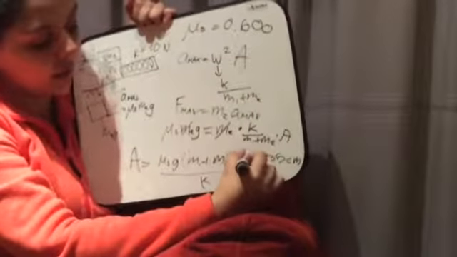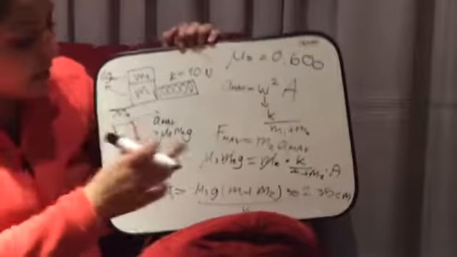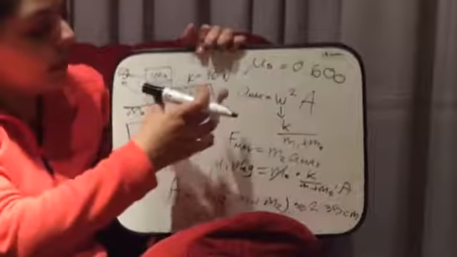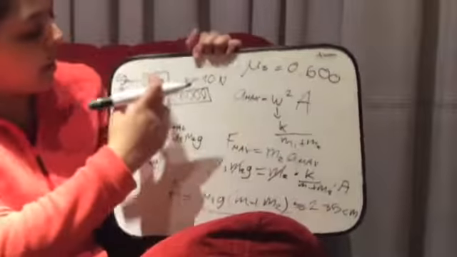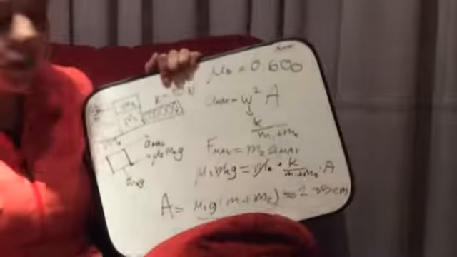So this is the approximate answer, due to the significant figures. This is the maximum amplitude this oscillation can reach before the mass above slips off the mass below. And that's all for today. Thank you.